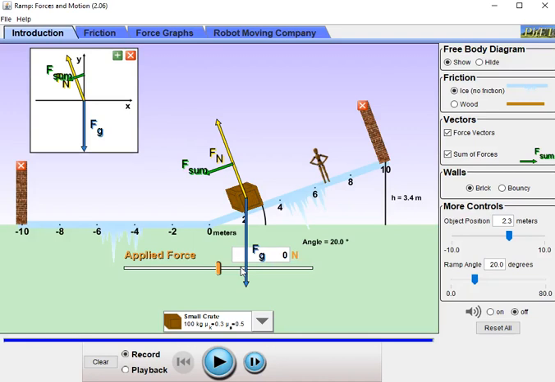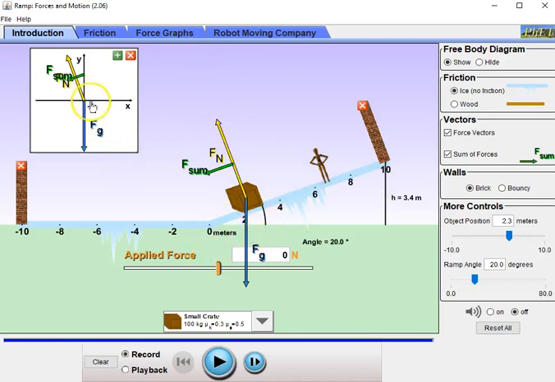So if you look at the diagram over here, it shows you the x and the y. The y can be thought of as the vertical on the level ground, and x can be thought of as the horizontal on the level ground. Now, as you move along the ramp, the vertical and the horizontal, that sense, that changes. So the vertical would now be perpendicular to the ramp, and the horizontal would be along the ramp.